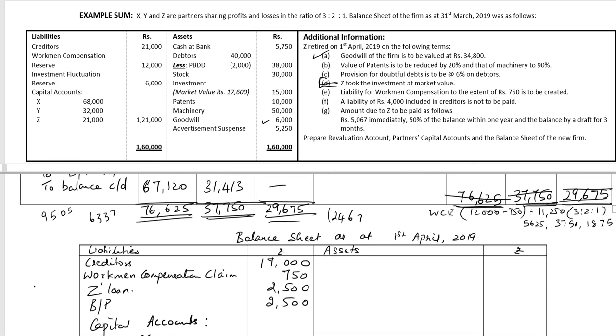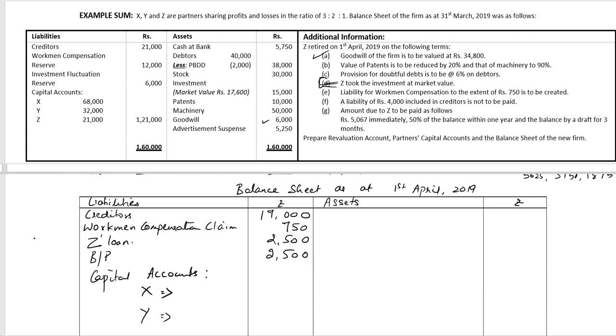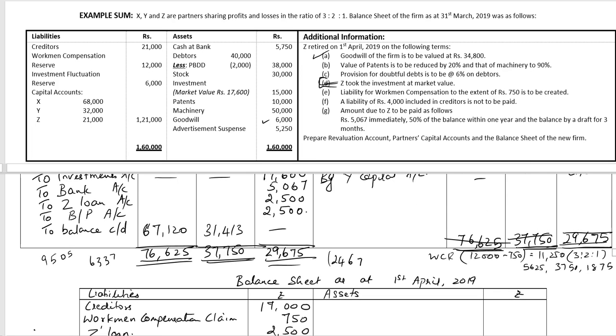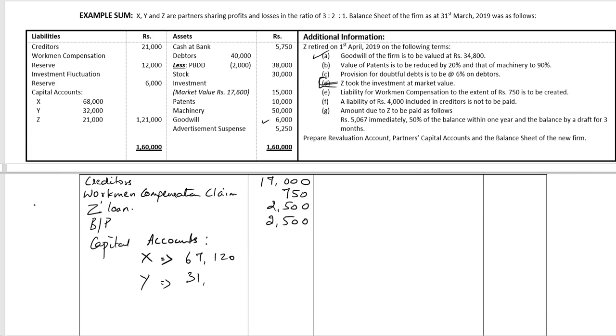We'll insert the amount of the capital accounts of the remaining partners, X and Y. We'll refer to the capital accounts for this. 67,120 in the case of X, and in the case of Y, it's 31,413 rupees. Totally 98,533 rupees.